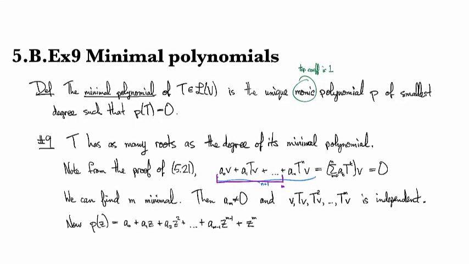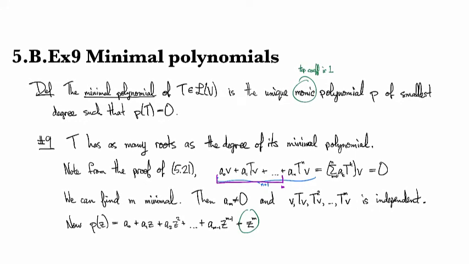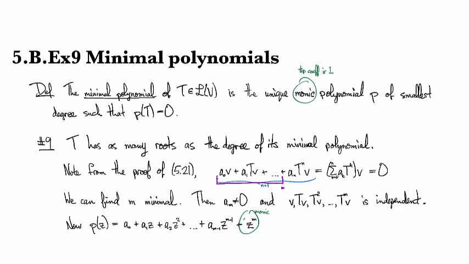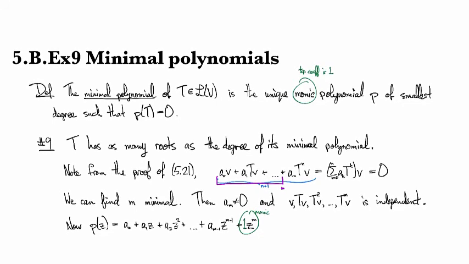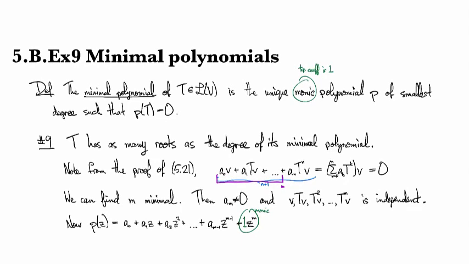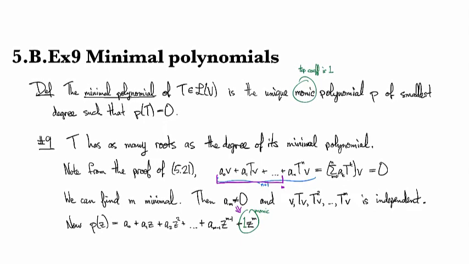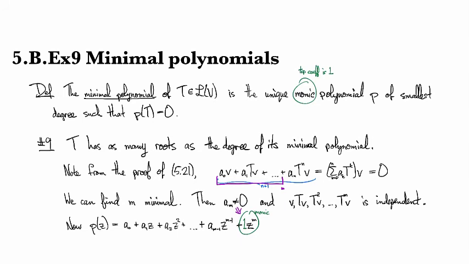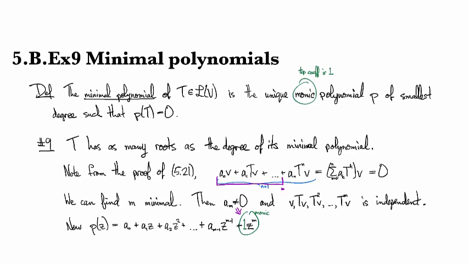So this is the meaning of monic. That top coefficient is just equal to 1 right there. And the reason we can do that is just because am is non-zero. So we can just divide by it in order to get one that is monic. Like divide the original polynomial by am, and then you'll have a monic one.